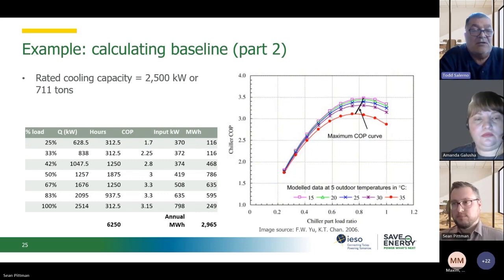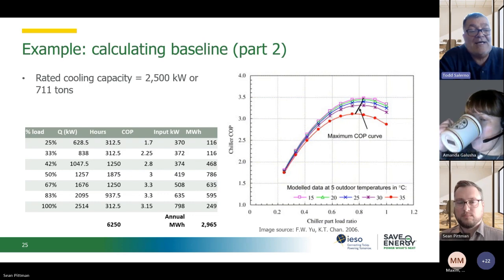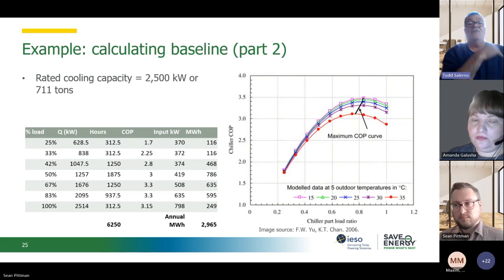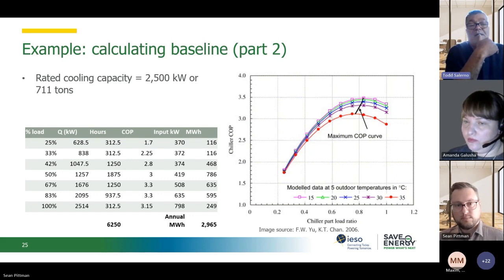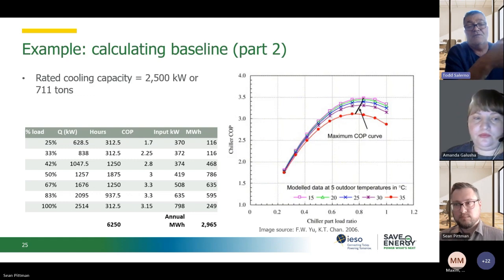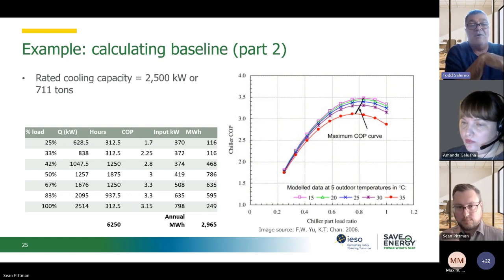The second column, Q, is the amount of kilowatt load that is calculated from that. From there, you would have the COP at that specific load. And from there, you can calculate the input kilowatts for that cooling at that load, multiplied by the number of hours per year, and then you get the megawatt hours per year.